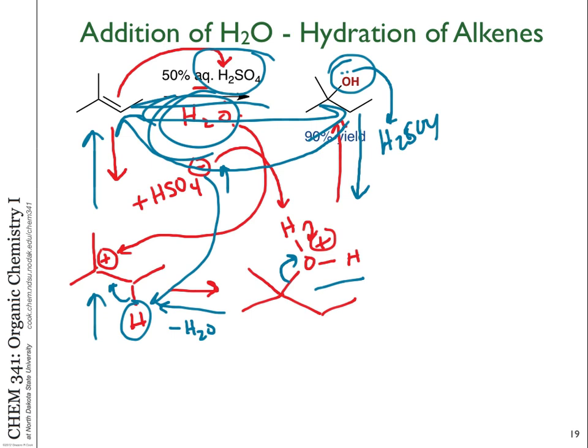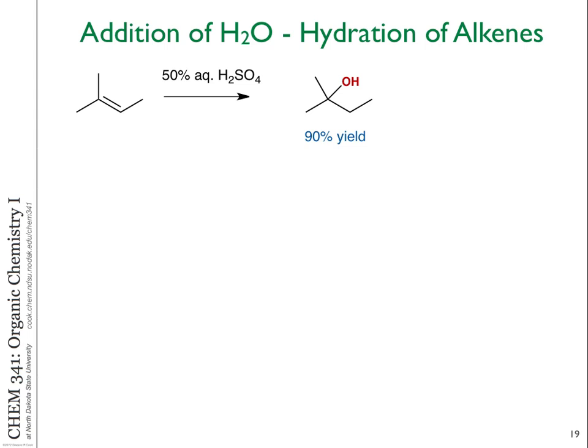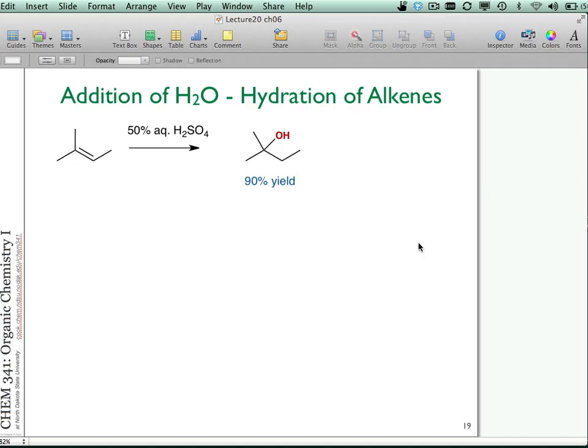That's Le Chatelier's principle that influences the addition of water or the dehydration of water. Okay, that's how we deal with those differences in equilibrium. So that's what I wanted to cover in this lecture. We're going to continue talking about different types of additions and different kinds of electrophiles in the next lecture.